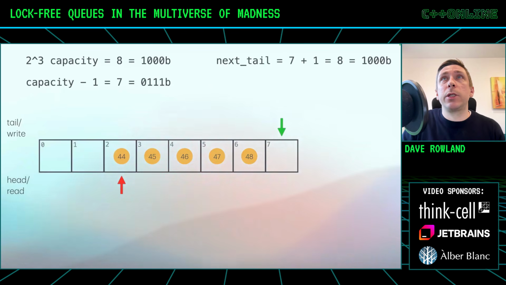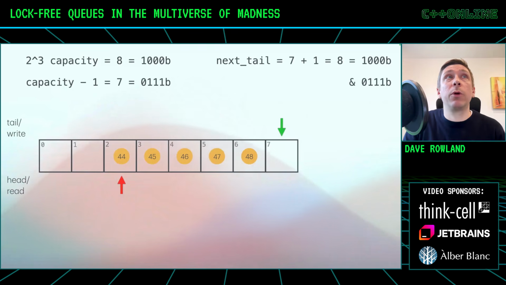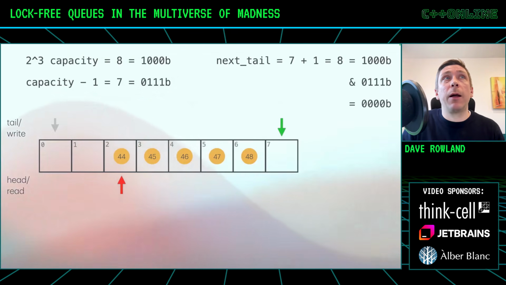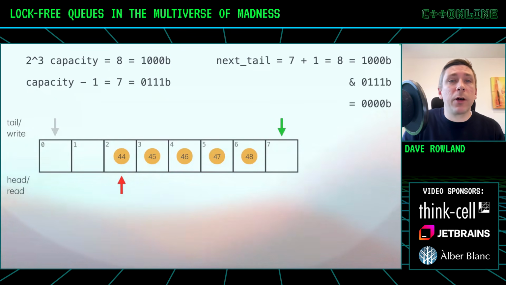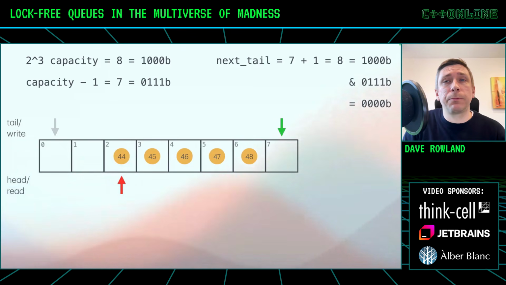So if our tail is at 7 and we increment 1, which would be 8, and then mask with our bit mask of capacity minus 1, we'll get 0, which will do the wraparound for us. And a bitwise ampersand is very fast to do on a CPU. So we could do that trick, which will wrap around our head and tail counters.